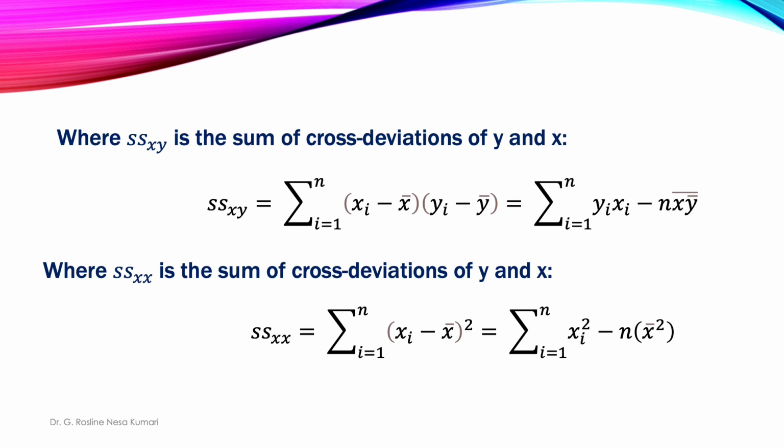SS xy equal to sigma i equal to 1 to n (x i minus x bar) into (y i minus y bar). Another way to write it is sigma i equal to 1 to n y i x i minus n into x bar into y bar. SS xx is the sum of squared deviation of x, which we can write as sigma i equal to 1 to n (x i minus x bar) the whole squared, or sigma i equal to 1 to n x i squared minus n into x bar the whole square.